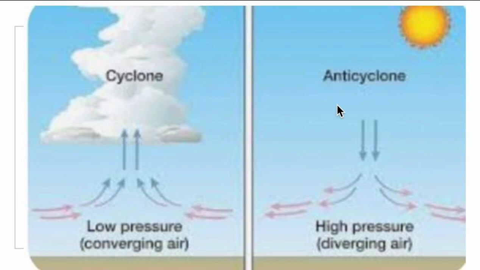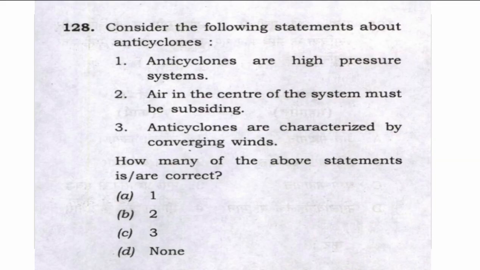One more difference is that in the northern hemisphere anticyclones rotate in a clockwise direction, whereas in the southern hemisphere anticyclones rotate in an anti-clockwise direction. That is why it is called anticyclones. Now let's read it again.